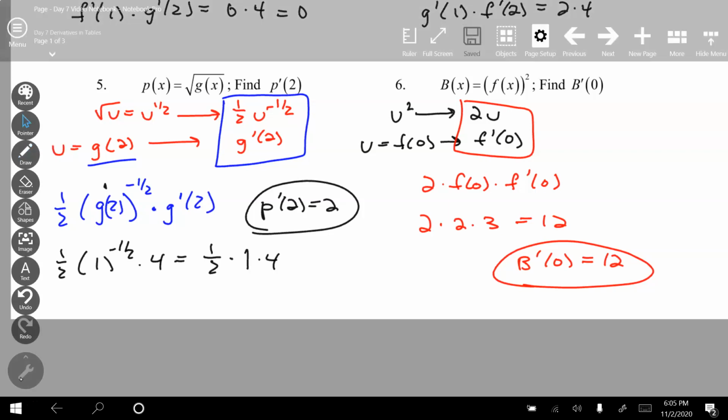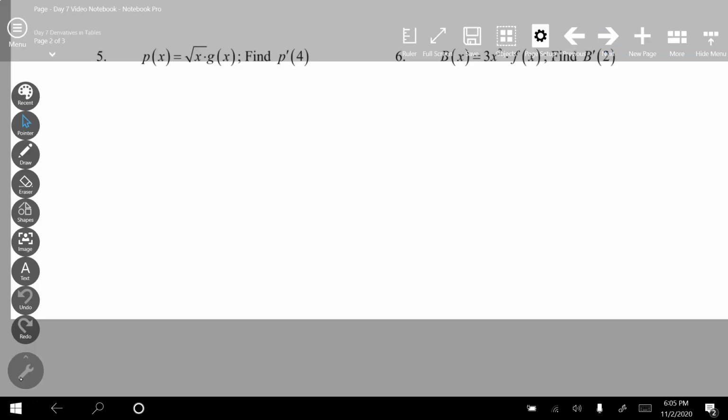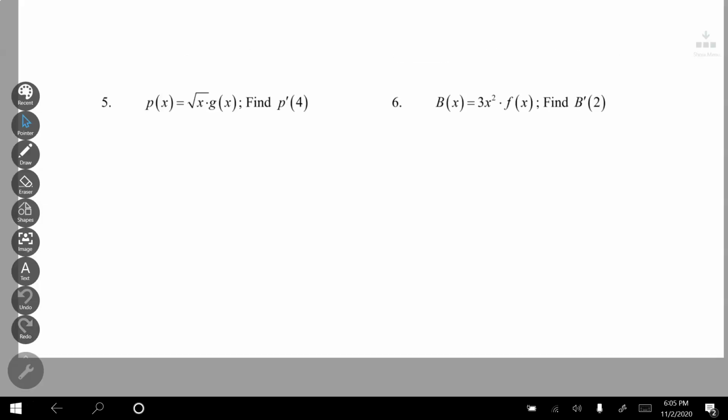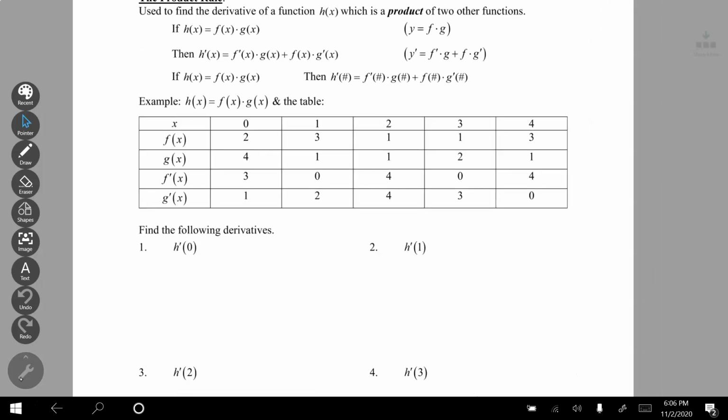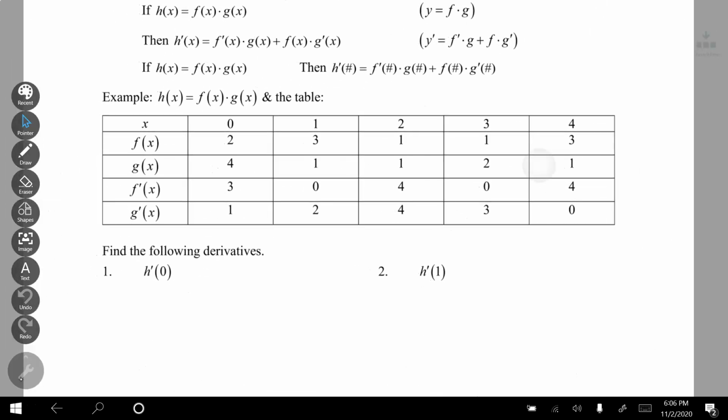So let's do product and quotient rule with tables. I think you'll like this better, especially when we just established what the crisscross is. So here's my same table. We know our derivatives. Here's my product. Here's my derivative for product rule. So when I do h of 0, well, h is just f times g.